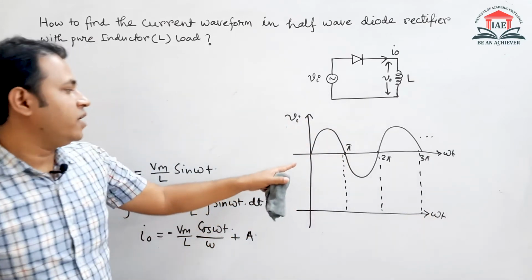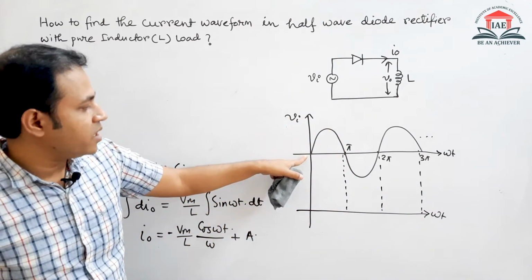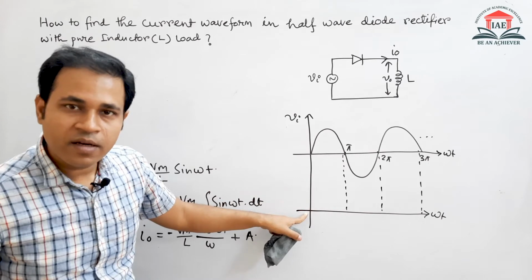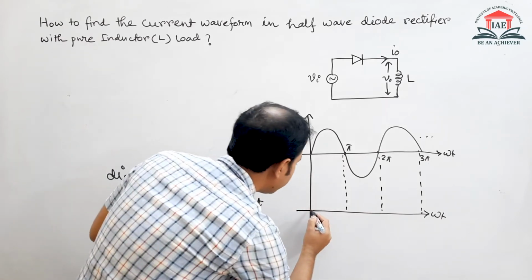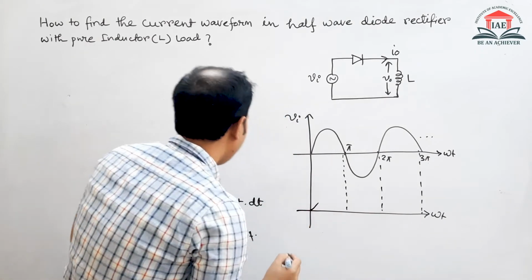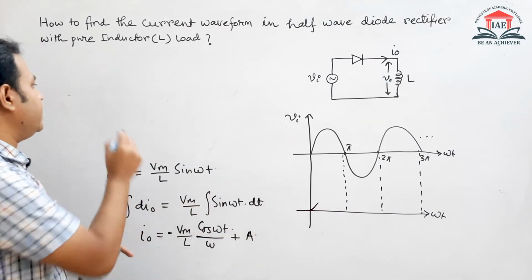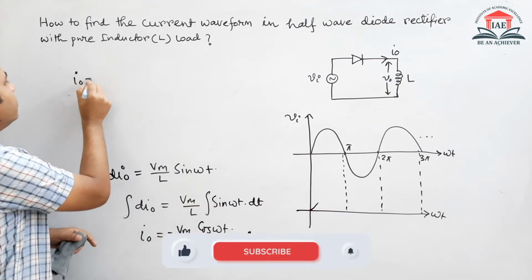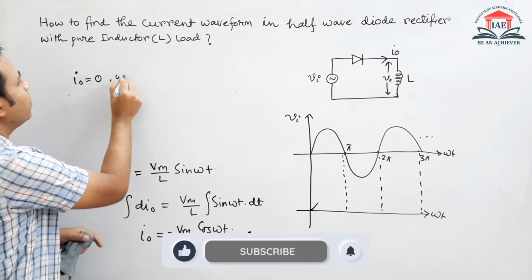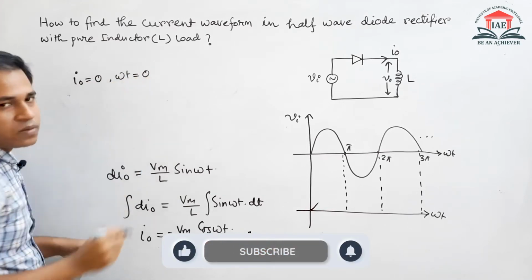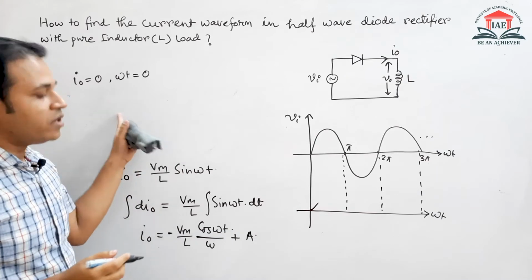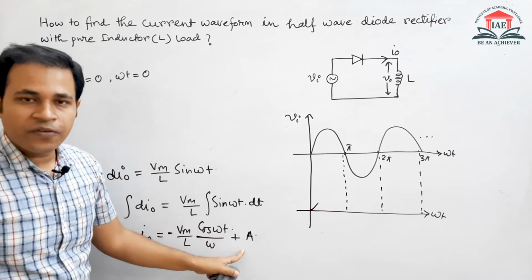Whenever this zero crossing point is here, the current will start from here. So we can put one condition, that is I0 equal to 0 when omega t equal to 0.